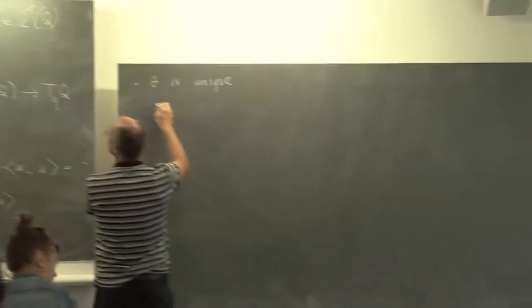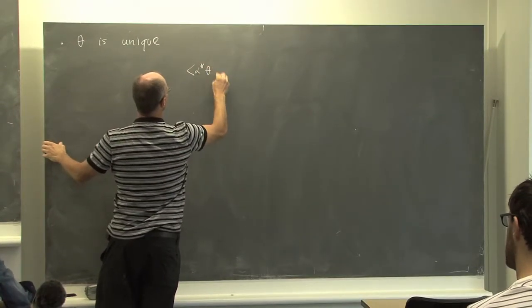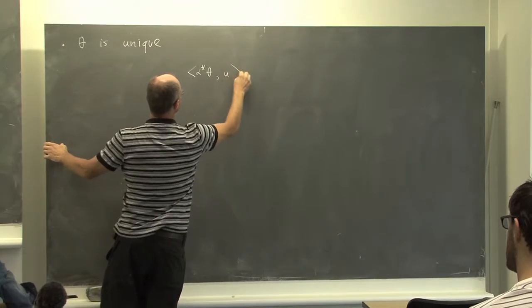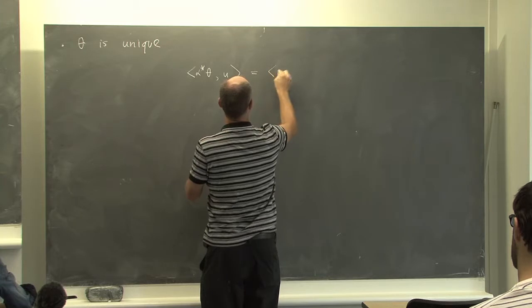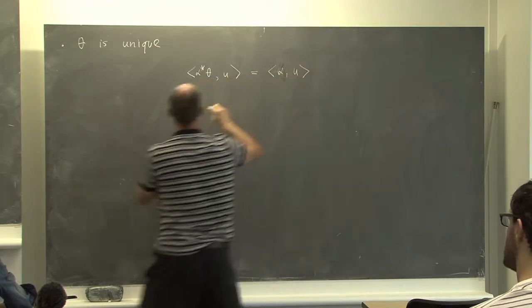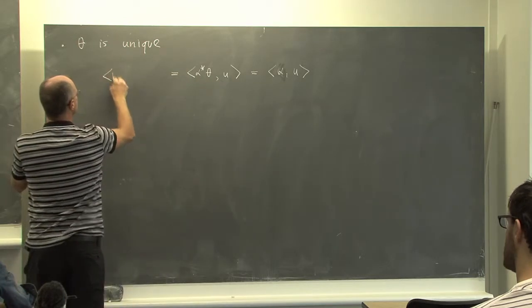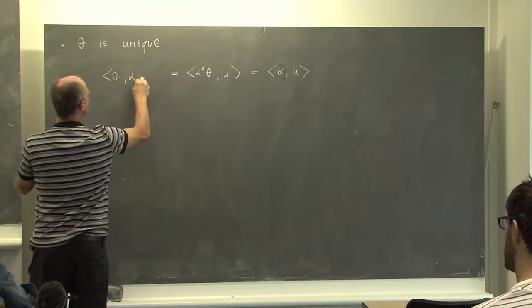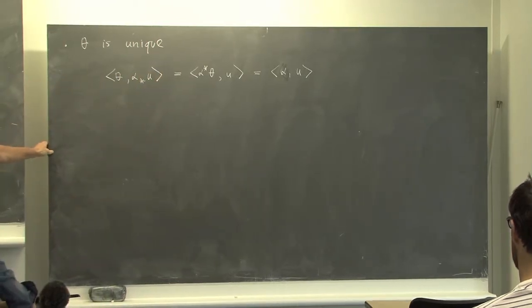So I know that alpha star theta of U is equal to alpha of U and is equal to theta of alpha star U, right?